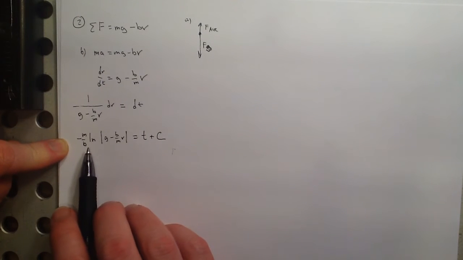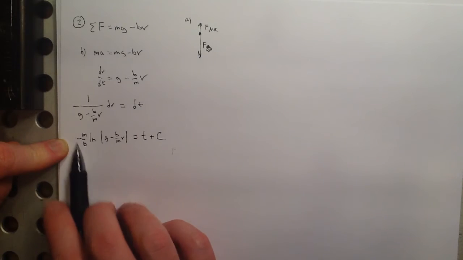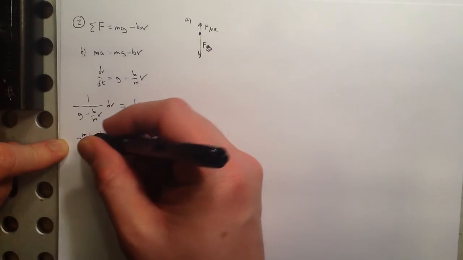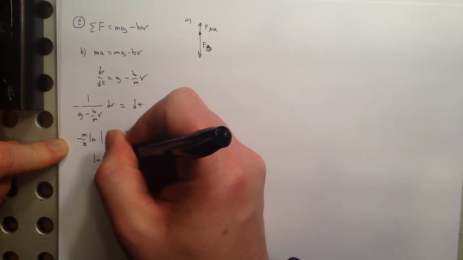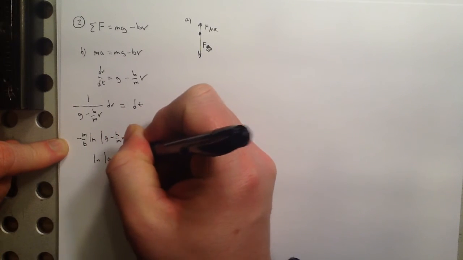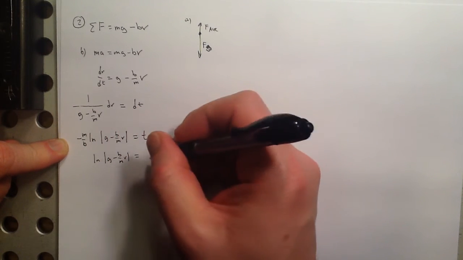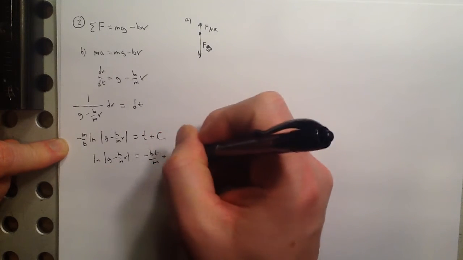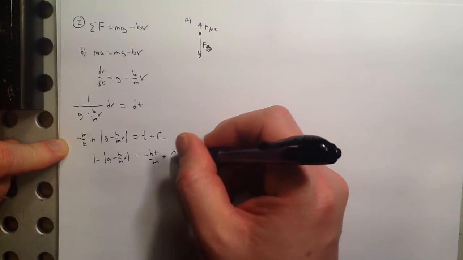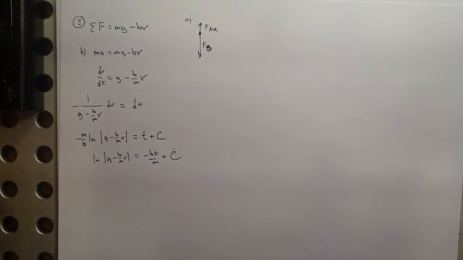Before I can do the exponentiation game to get rid of this, I need to clear anything out here to the other side. So I'll multiply both sides by negative b over m. So natural log of g minus b over m v is equal to minus bt over m, and then multiplying that by a constant, still just a constant, haven't solved for that yet.